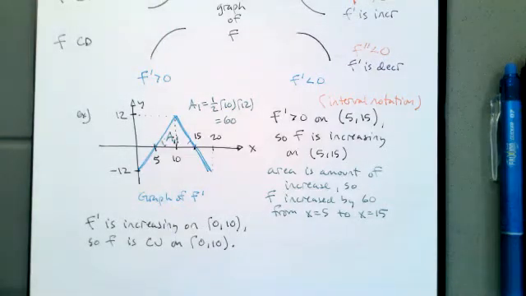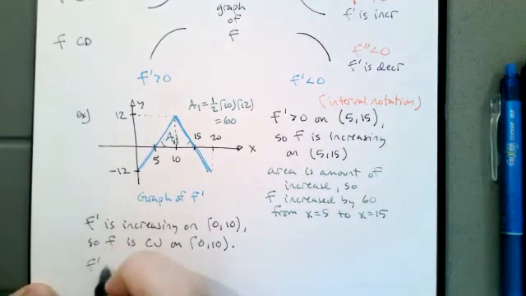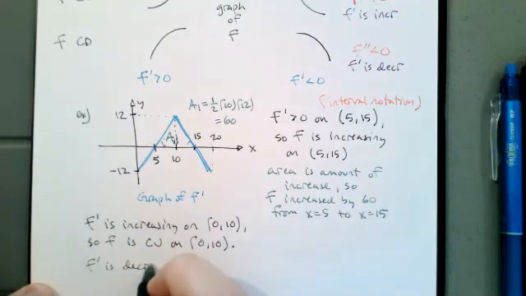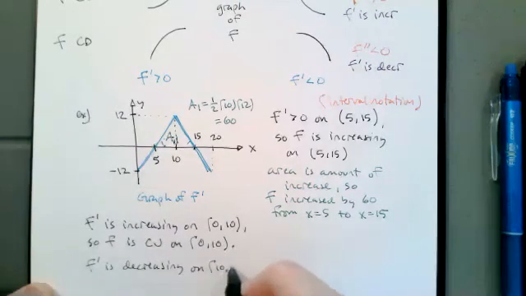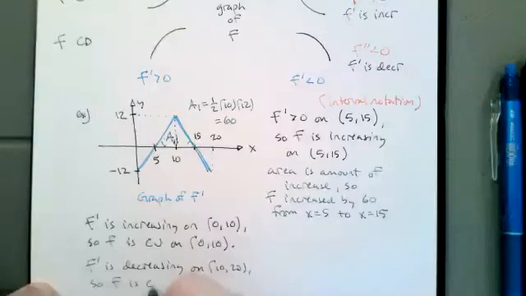So we would also be able to say f prime is decreasing on the interval from 10 to 20. So the function is concave down on the interval from 10 to 20. So we can also observe that f prime is decreasing on the interval from 10 to 20, so f is concave down on the interval from 10 to 20.